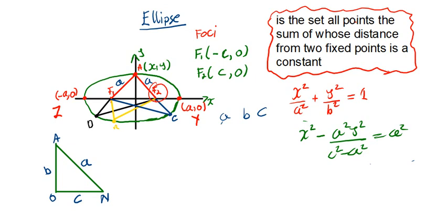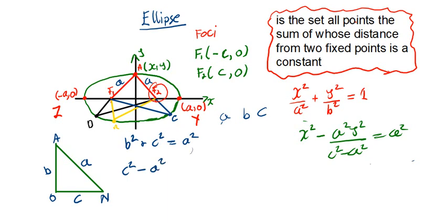And one thing that you understand is that by Pythagoras theorem, b squared plus c squared is equals to the hypotenuse, which is a squared. So now my goal is to write it in terms of c squared minus a squared. So what I'm going to do is I'll have my c squared, I'll bring a squared on the other side to be minus a squared.